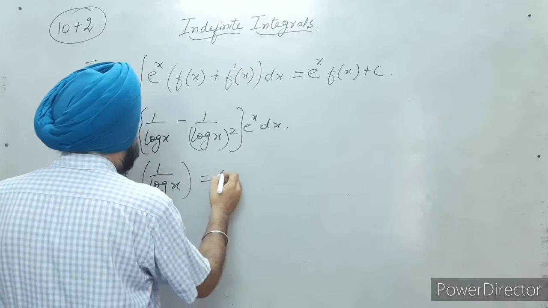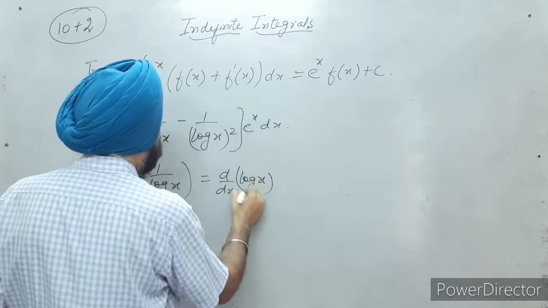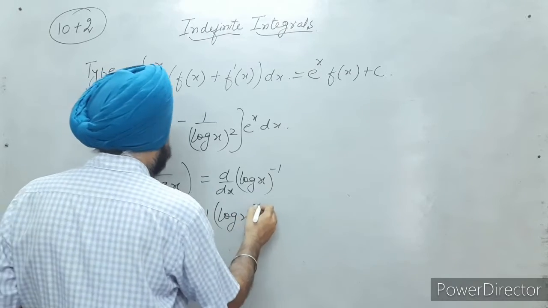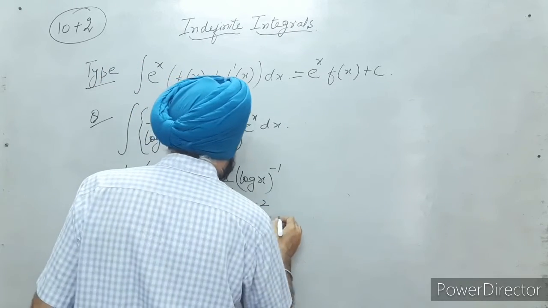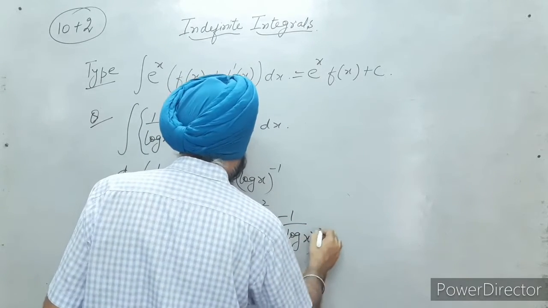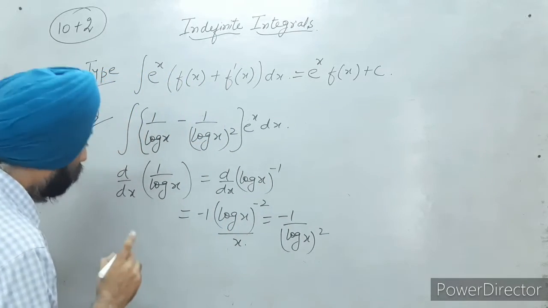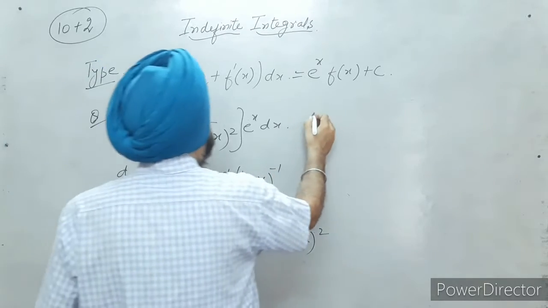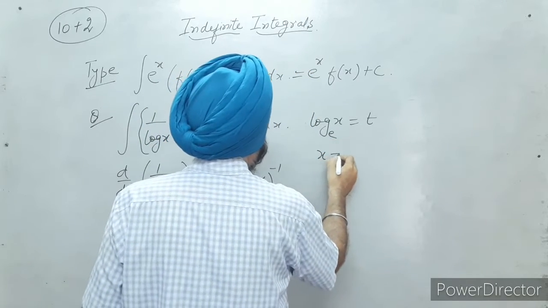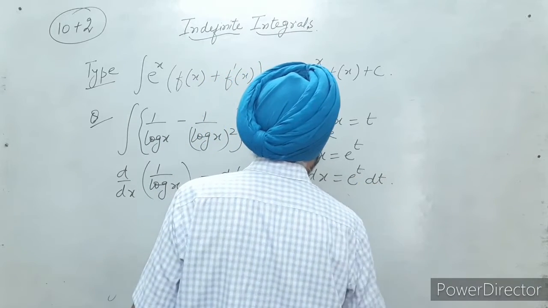It is d by dx of (log x) raised to power minus 1. I get minus 1 upon (log x) square, but I have to differentiate log x over here, that is 1 by x. For this, what I have to do is, I will put log x equals to t. Base is e, so x equals to e the power t, dx becomes e the power t dt.